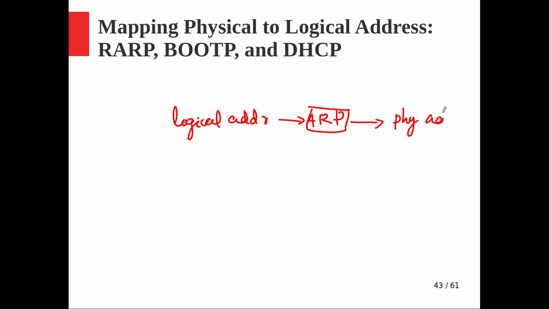If the network layer protocol is IP, say IPv4, the physical address could be some Ethernet address, the 48-bit MAC address. And IP, of course, is a 32-bit address. So this is what we covered so far.